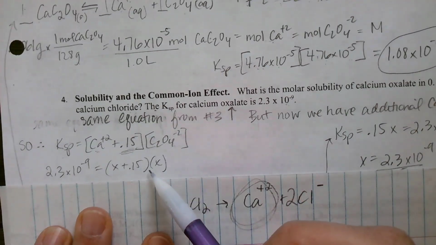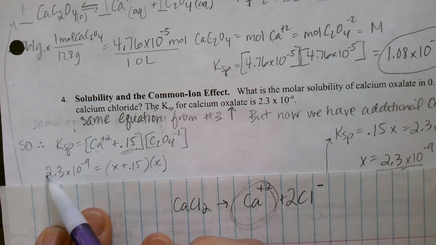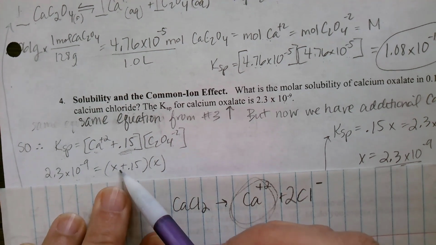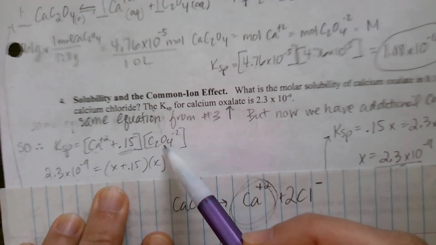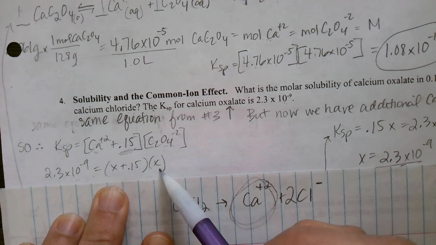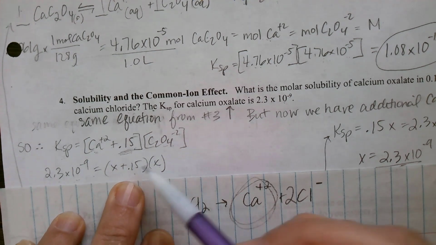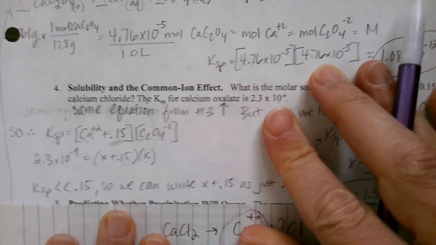So what we can do is say the KSP, 2.3 times 10 to the negative 9 that we're given, is equal to, we know that the calcium and the oxalate were 1-to-1 molar, so we can just say X, X plus 0.15 times X.